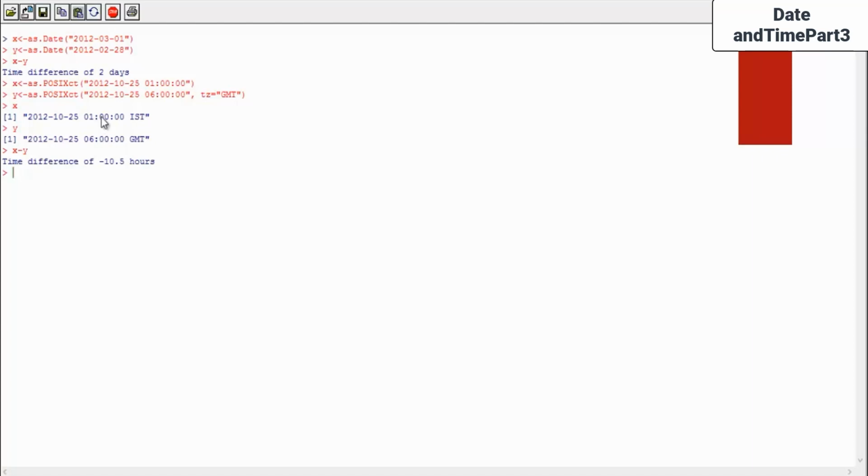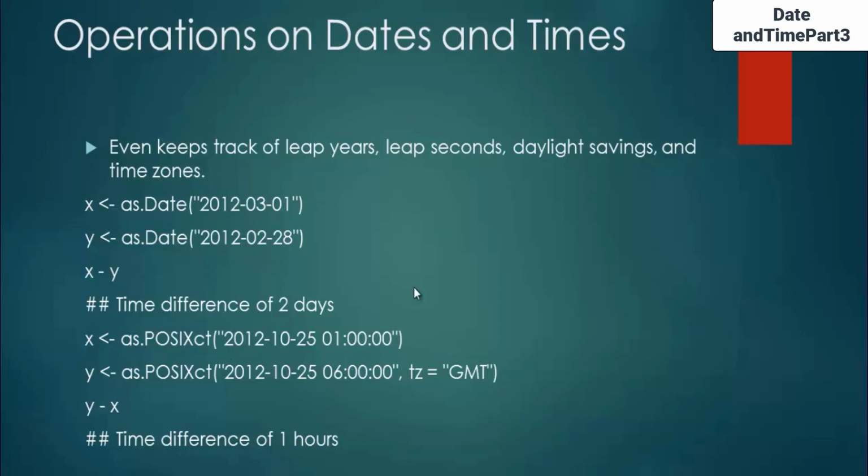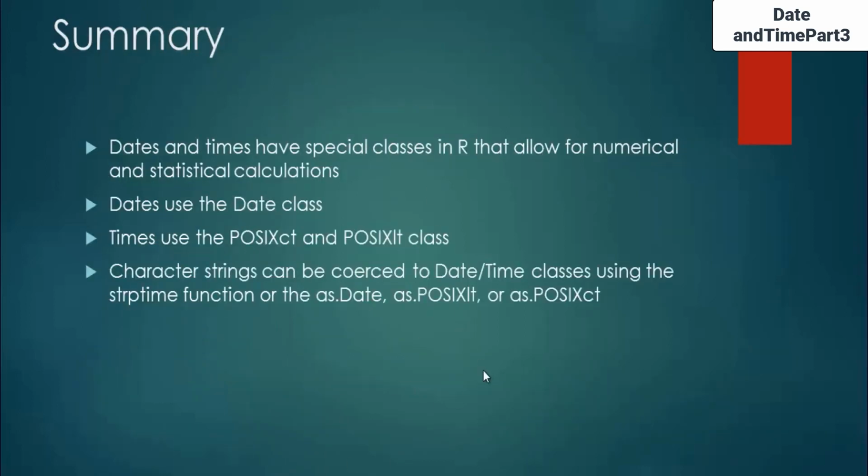That's the reason x minus y is minus 10.5 hours. If you do y minus x, you'll get 10.5 hours. GMT plus 5:30 is IST. This example is indicated for EST, so that's the reason you are getting 1 hour.